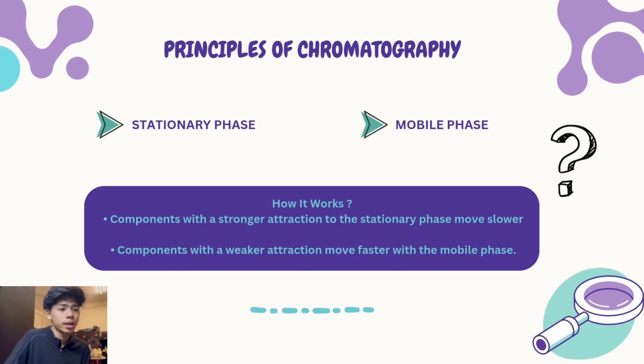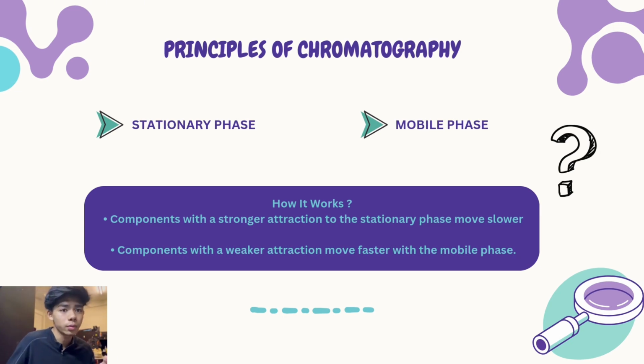Okay, next, I will explain the basic principle of chromatography, which is a technique used to separate components in mixtures. Chromatography involves two main phases, the stationary phase and the mobile phase. These two phases determine how the components in the mixture are separated.